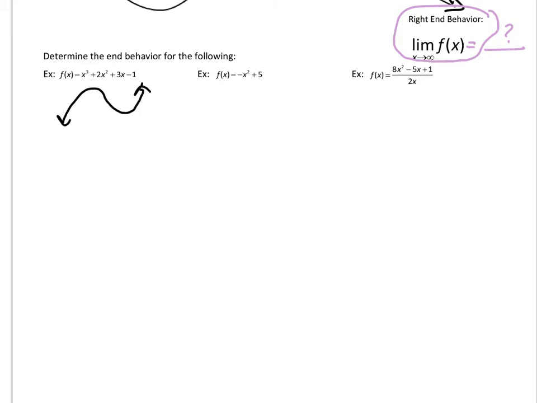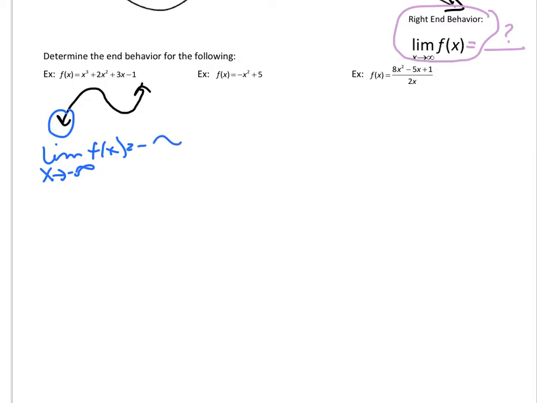So this is just a generic graph for my polynomial. If I'm looking at my left end behavior, this is going to be my limit as x approaches negative infinity of my function. And since this is pointing down, my y values are getting smaller and smaller and smaller.